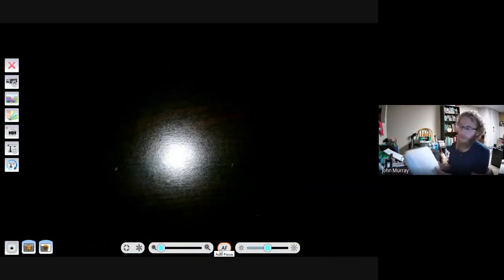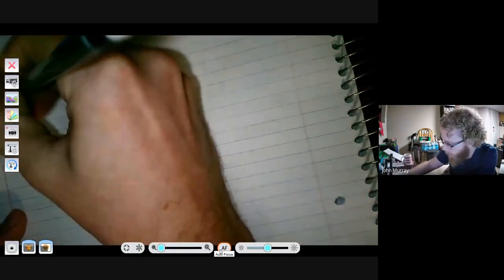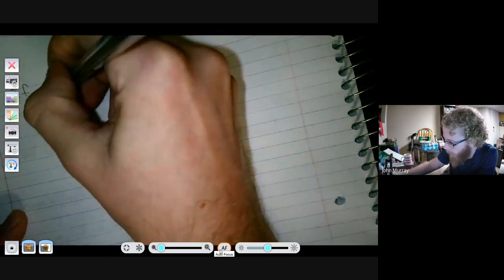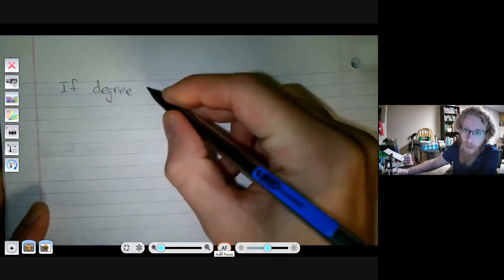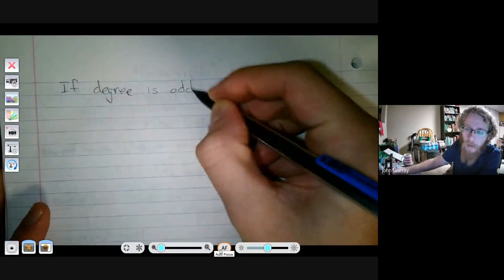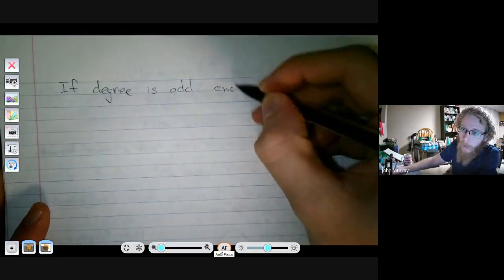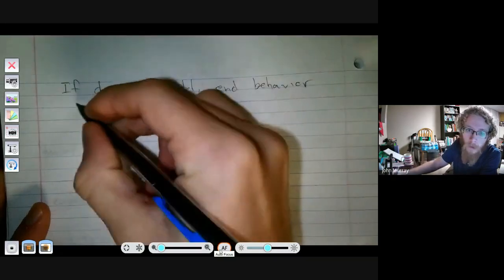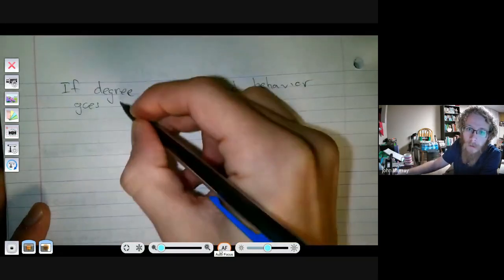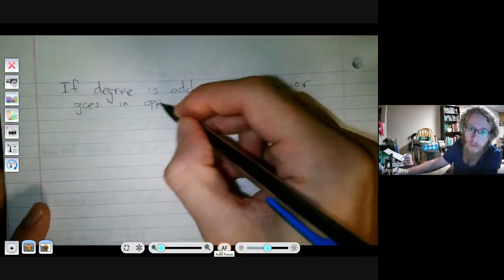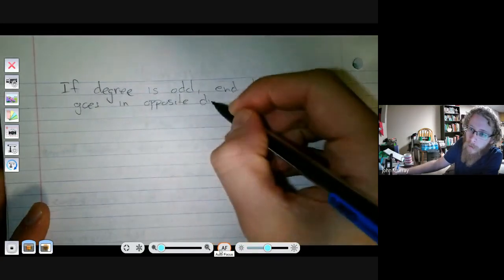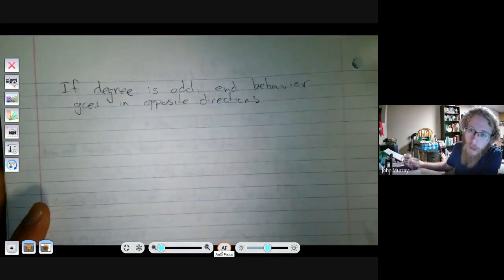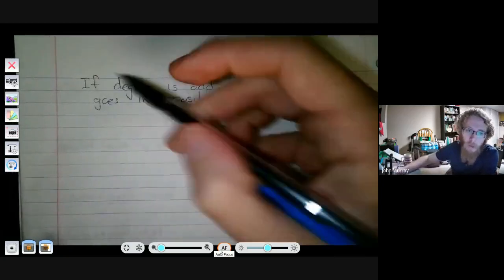Okay. Then our second classification for that is if the degree is odd, then our end behavior goes in opposite directions.